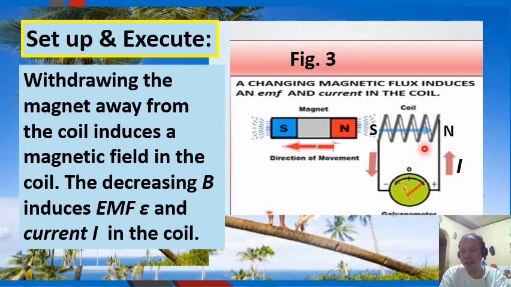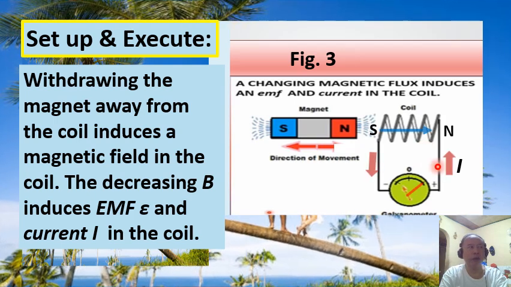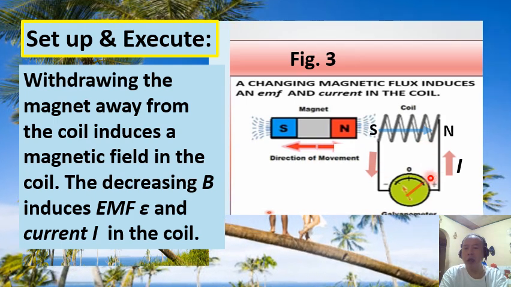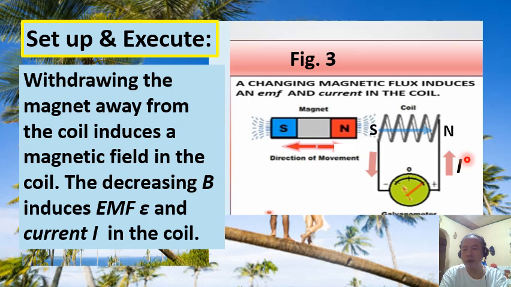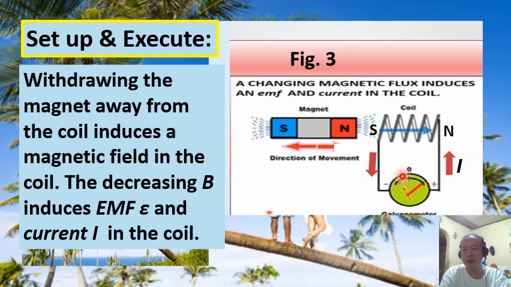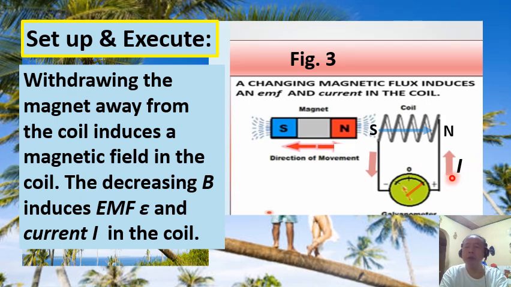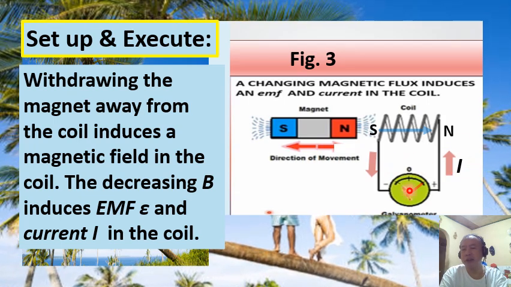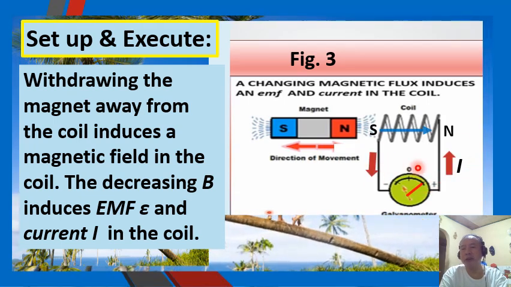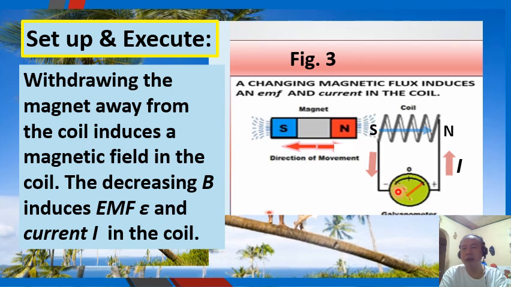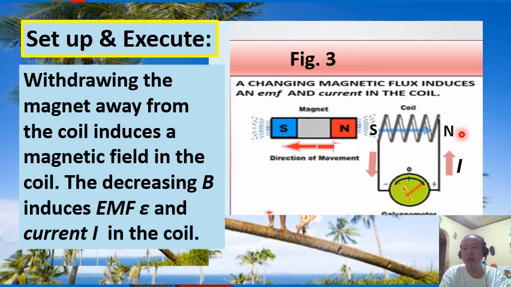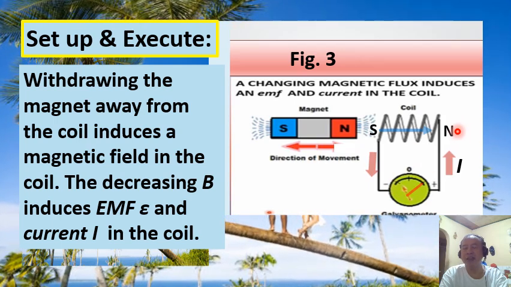So if you're going to trace the direction of the induced current in the whole circuit of the coil, we are talking about conventional current. The direction of the conventional current is counterclockwise relative to an observer from the right end of the coil.